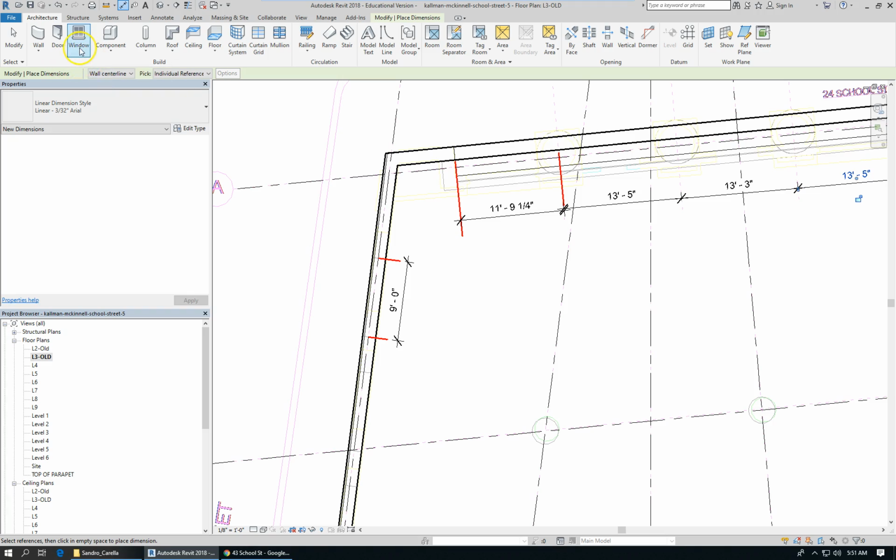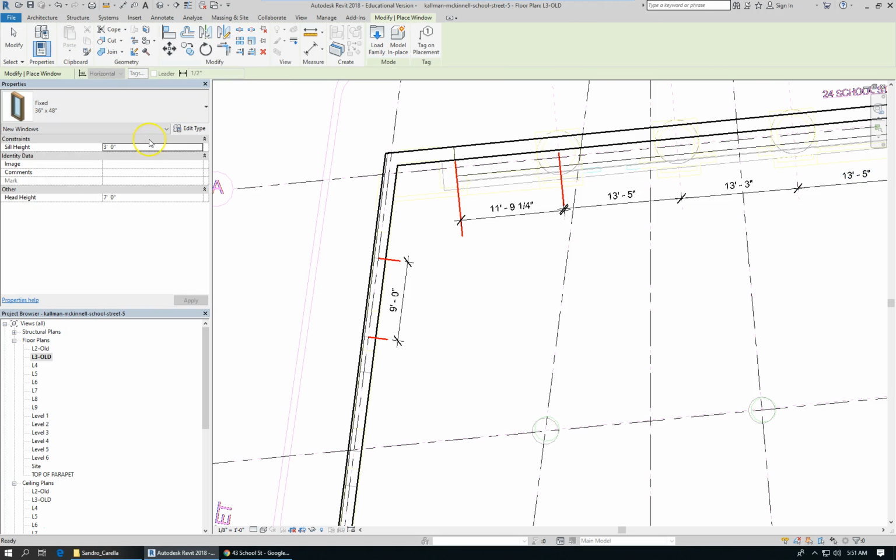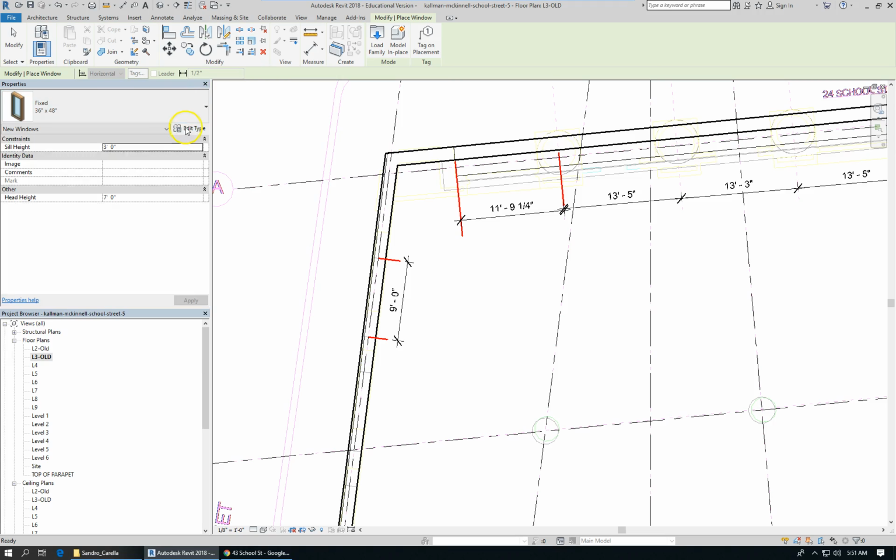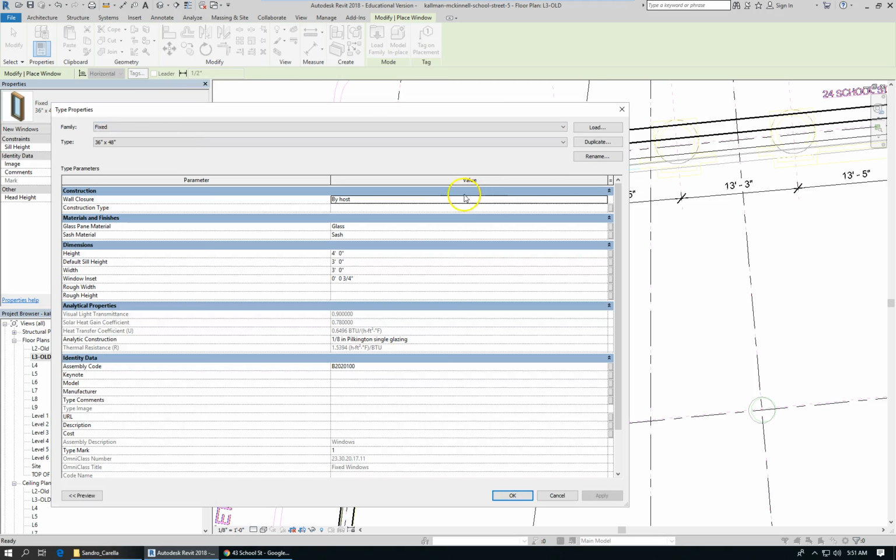All right. Let's go to Windows and let's make a guess. The window's got to be 48 inches wide, so 36 by 48 isn't going to do it. It's not going to be a casement window, not in that building. So let's duplicate this window and make one that we think. Remember, it's 11.4, I think, to floor height.